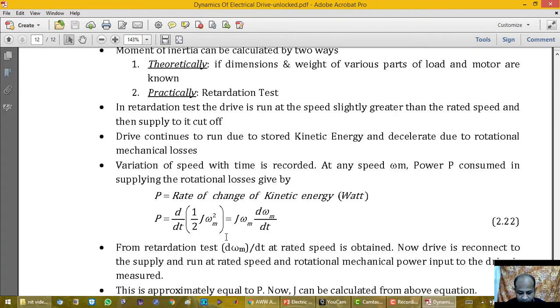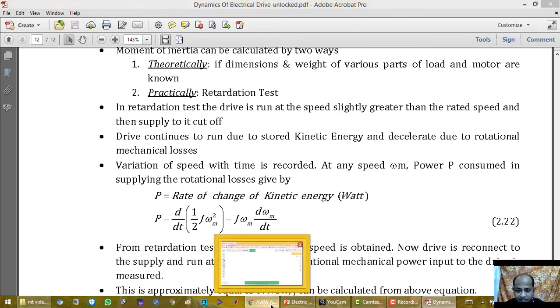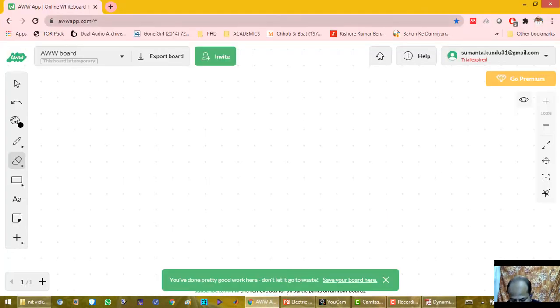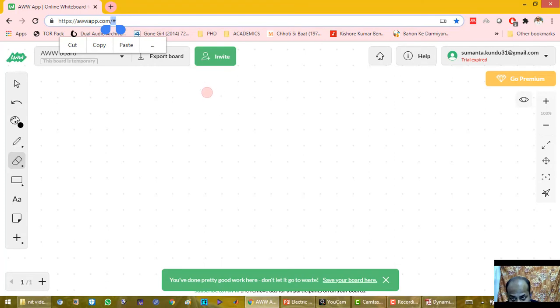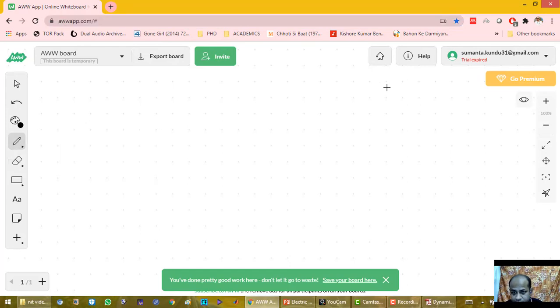So if you do the derivative of this, P equals d/dt of half J omega m square.